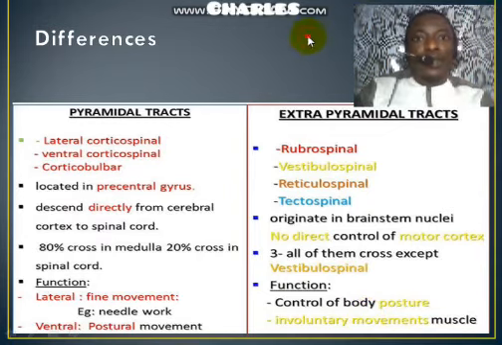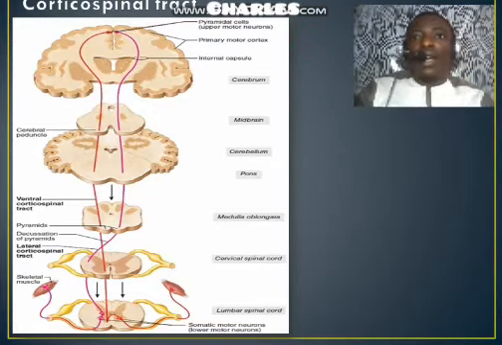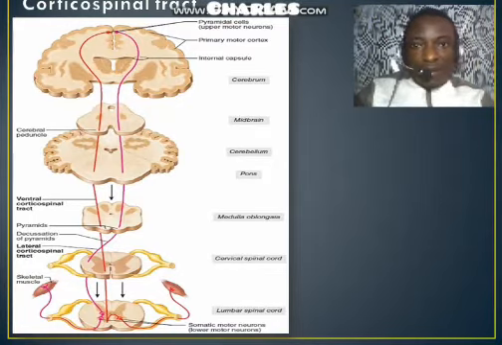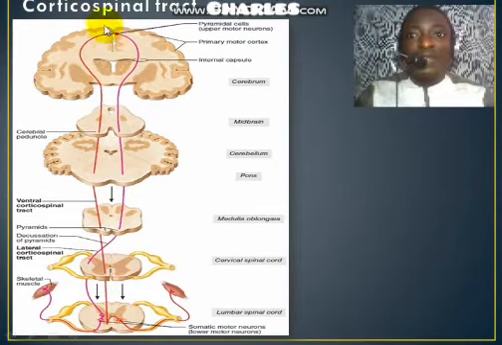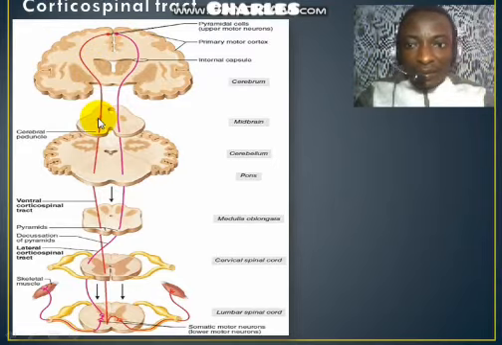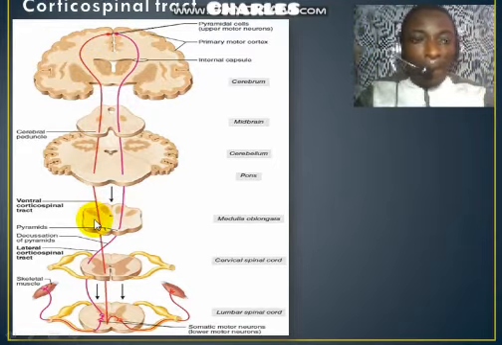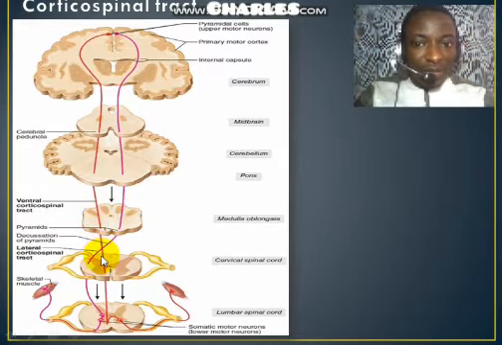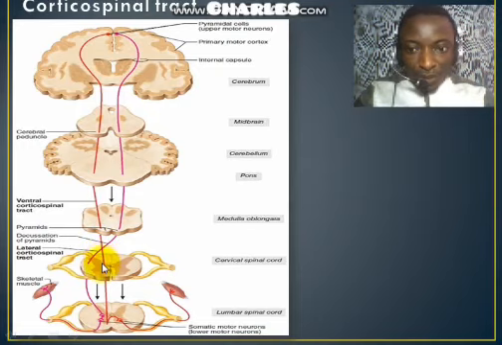Alright, going forward. The corticospinal tract. The diagram here shows the corticospinal tract. The ventral corticospinal tract starts from the brain and descends to reach the medulla. In the medulla, it does not decussate. It continues ipsilaterally, that is on the same side, to reach the spinal cord.